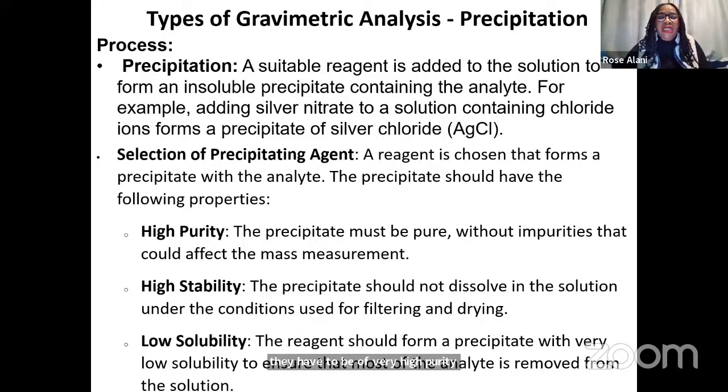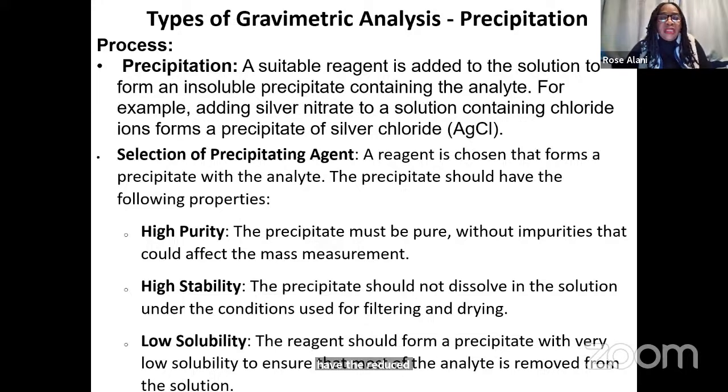Stability of the precipitate is very important because otherwise you get precipitate, and along the line as you're processing, it gets dissolved back. Some of it will get dissolved back if it is not stable enough. And then you have a reduced quantity.